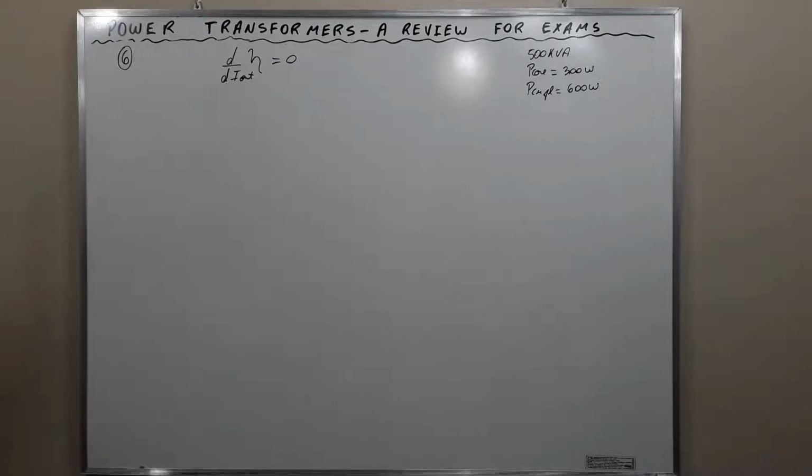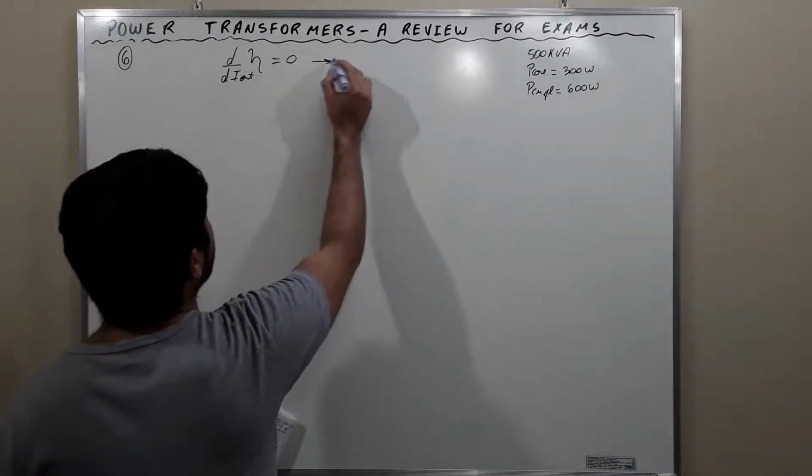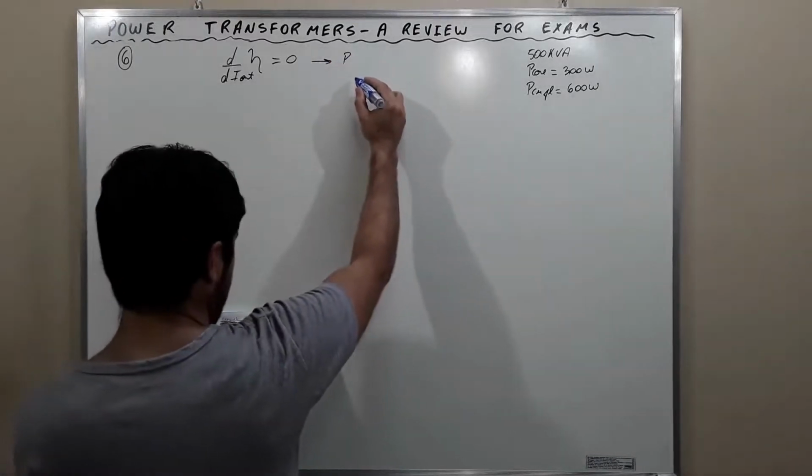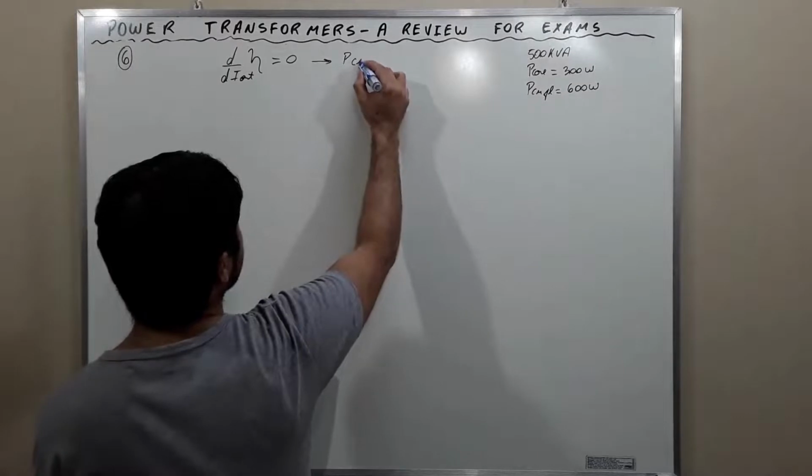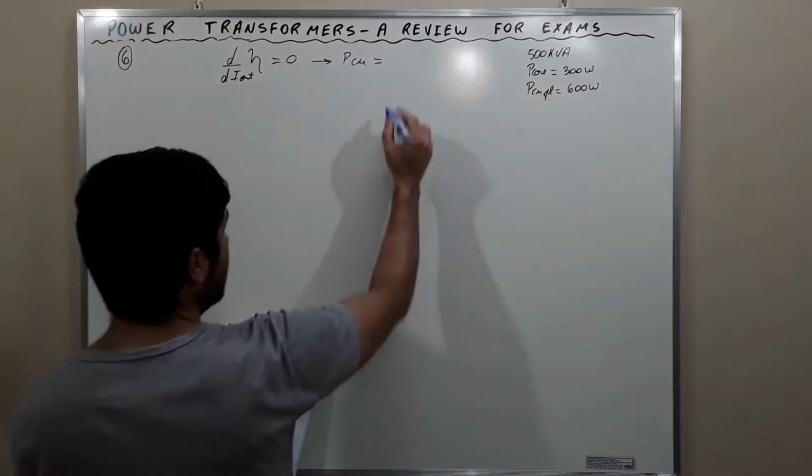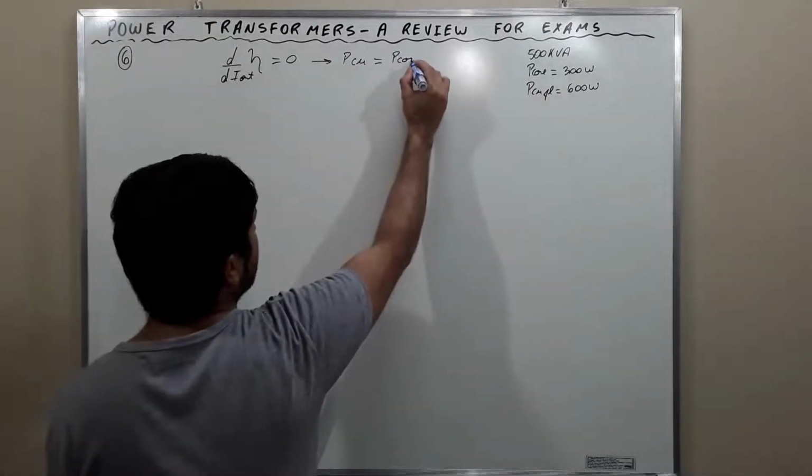We maximize the efficiency of the transformer, and this gives that PCU has to be equal to P core.